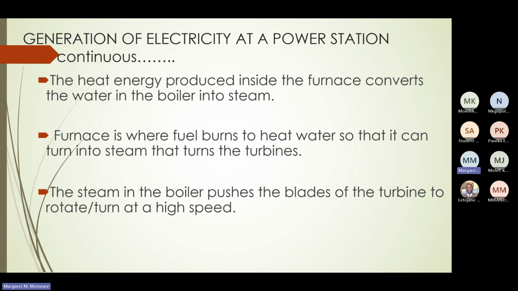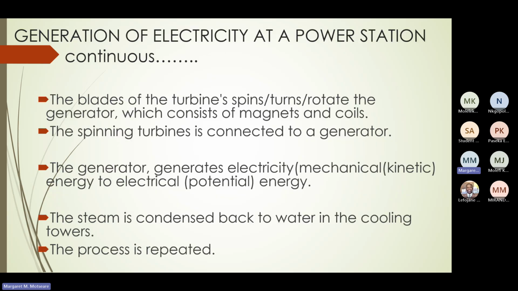The steam in the boiler pushes the blades of the turbine to rotate at a high speed. The blades of the turbine spin, or rotate, the generator, which contains magnets and coils. The spinning turbine is connected to a generator.